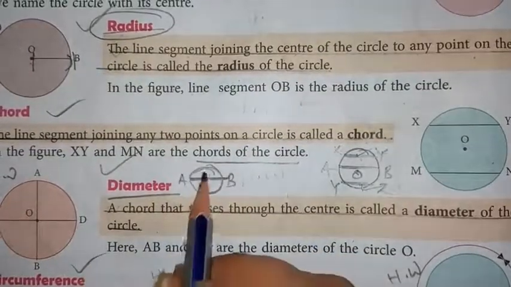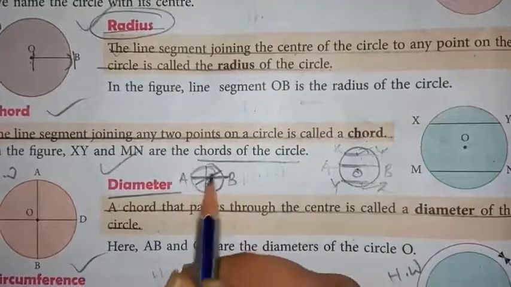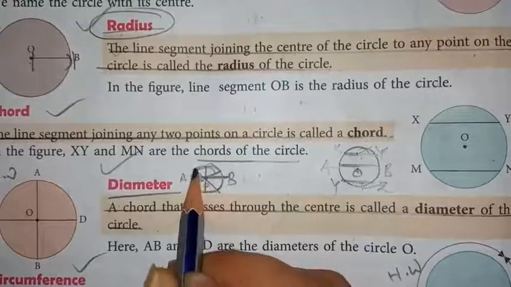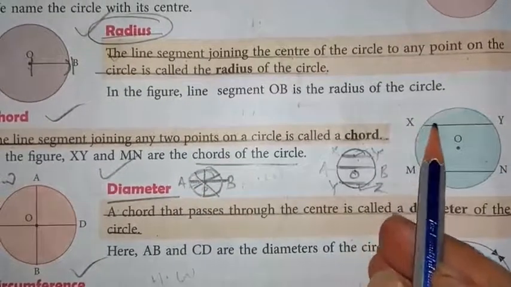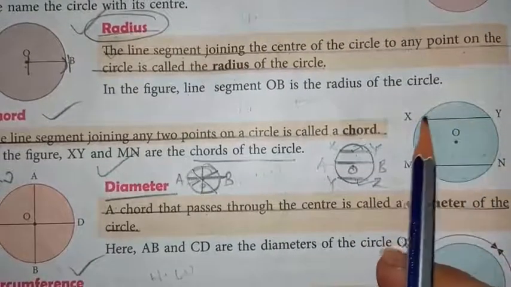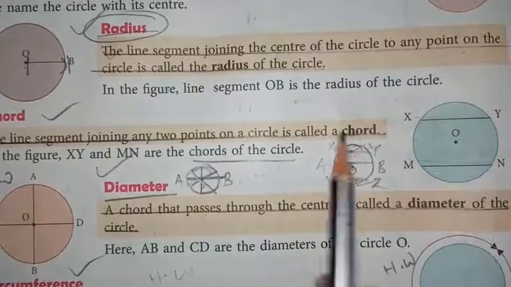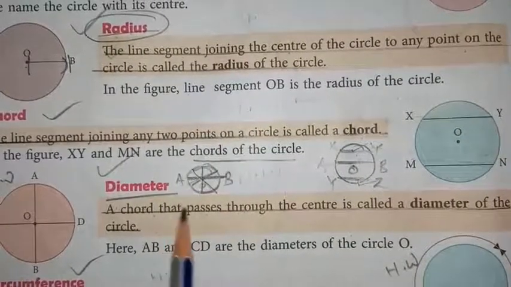It may be from here to here, it may be from here to here. It should pass through the center only. So what was the chord? The chord was one which was not passing through the center, away from the center it is. And diameter is also a chord, but that passes through the center.